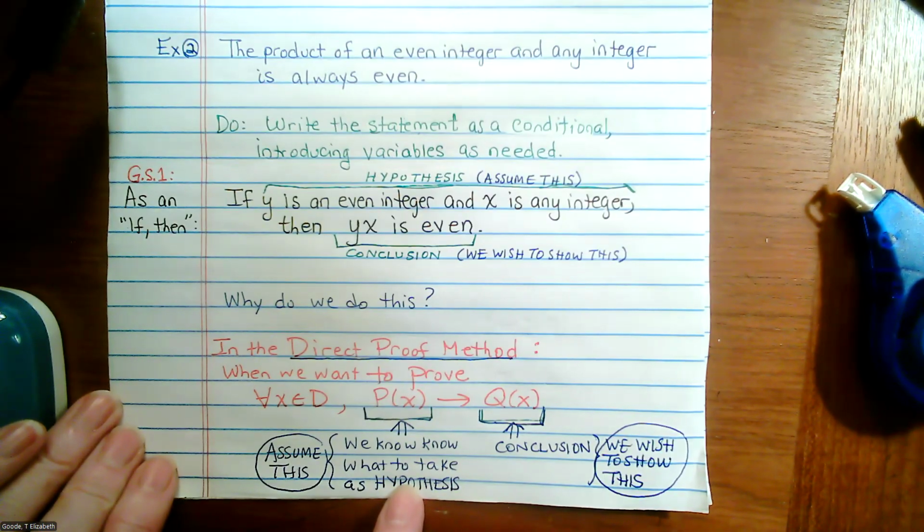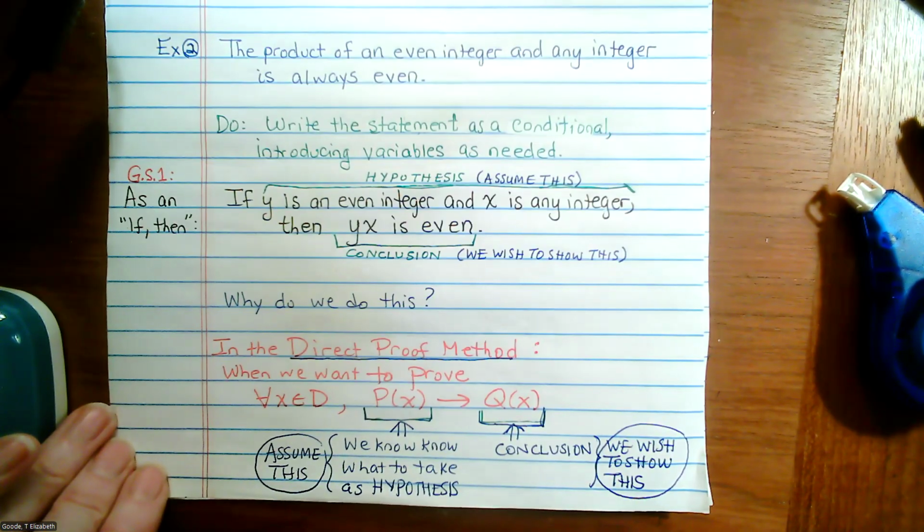We're going to see enough examples that I'm hoping that over the course of the next couple of weeks, you learn to recognize the kinds of statements that will lend themselves to the direct proof method and the kinds of statements that lend themselves to proof by contrapositive and the kinds of statements that lend themselves to proof by contradiction.